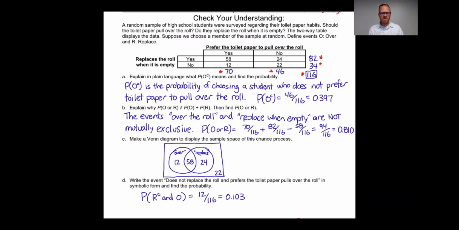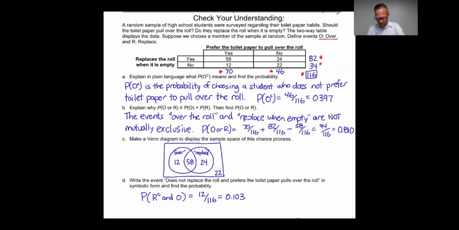Now for part A, to explain in plain language what the probability of the complement of O means. Well, if we look back, O is defined as being over the roll. And so the complement of that would be not over the roll. So it's the probability of choosing a student who does not prefer toilet paper to be pulled over the roll. Now calculating the probability is easy if we've already gone ahead and calculated our totals in the two-way table.